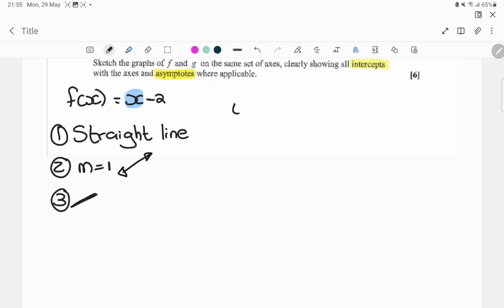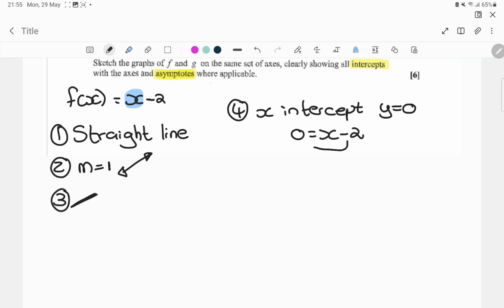Then we move on to the fourth point, my x-intercept, and to get my x-intercept I have to make my y equal to 0. So 0 equals x minus 2. I take over my minus 2, it becomes positive 2. So x is equal to 2, meaning my x-intercept will be the point (2, 0).